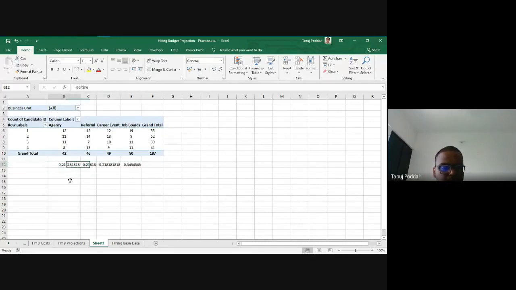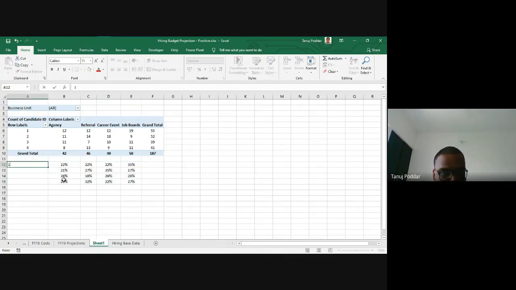If I apply this formula, 12 divided by 55, 19 divided by 55, that gives me a percentage breakout of how many people I have hired from these different sources for a given designation. Okay, makes sense? That is what I have calculated here.